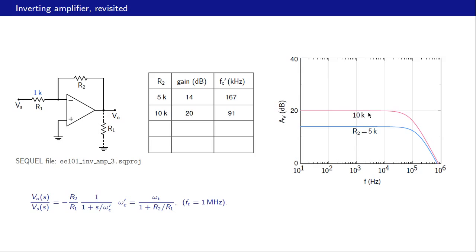The gain has gone up, and the 3 dB point or the corner frequency has moved from there to there, and so on. As we keep increasing R2, the gain goes on increasing, but Fc prime, the corner frequency, goes on decreasing. So that explains our earlier observation.